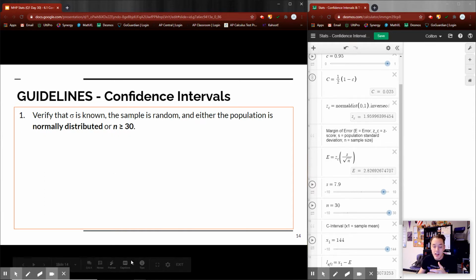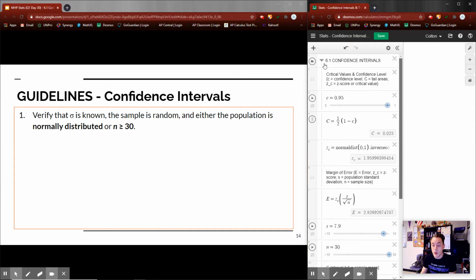As I said, it's very rare that this standard deviation is actually known for the population, but you're still going to try to verify it. If it's given to you, then you're going to use the 6.1 tab on Desmos. You're going to be utilizing that if the standard deviation of the population is known.